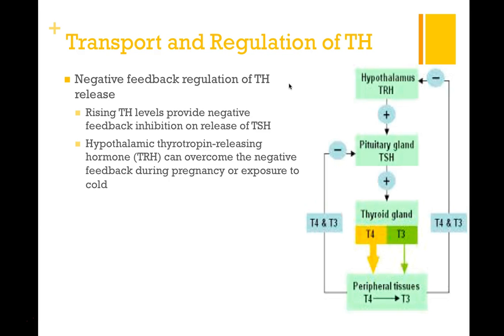We've already discussed the negative feedback that can take place if we have an increased amount of T4 and T3. But in instances in which we are pregnant or in extreme cold, we can override this negative feedback loop and continue secreting the thyrotropin releasing hormone.